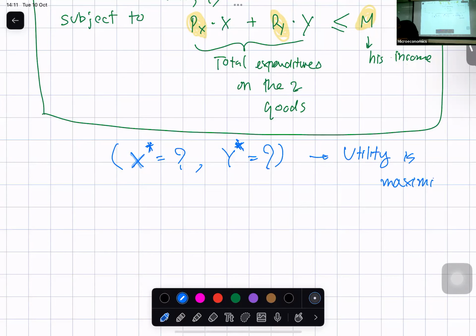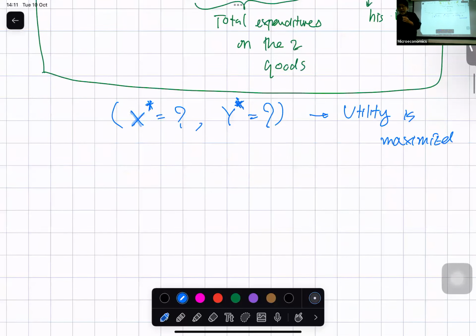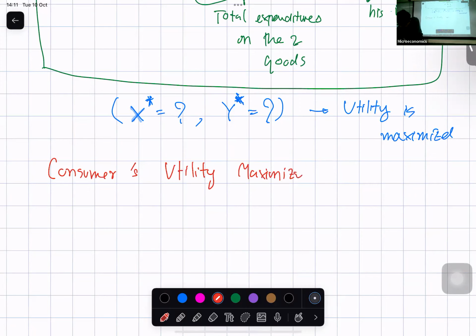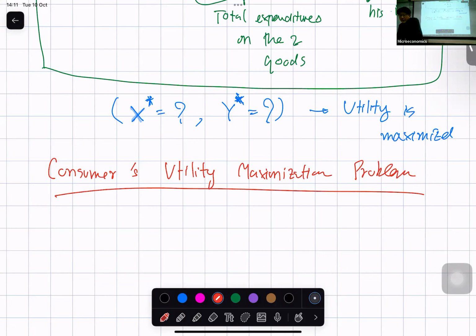There must be a basket that is affordable and maximizes utility. That's why we call this the consumer utility maximization problem. It is a problem because he must find X and Y.